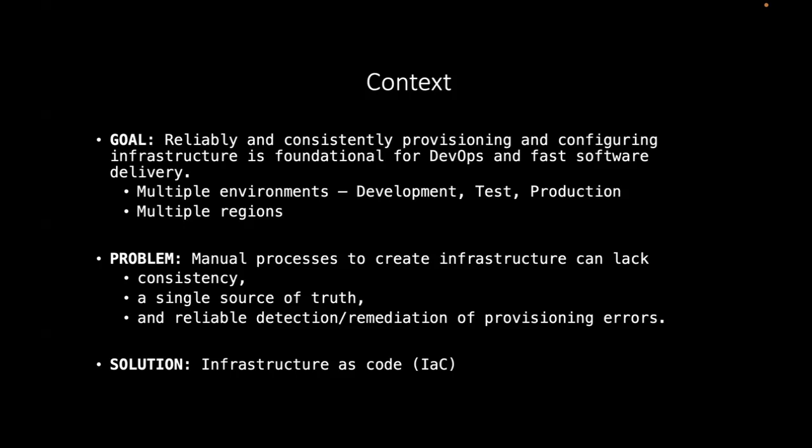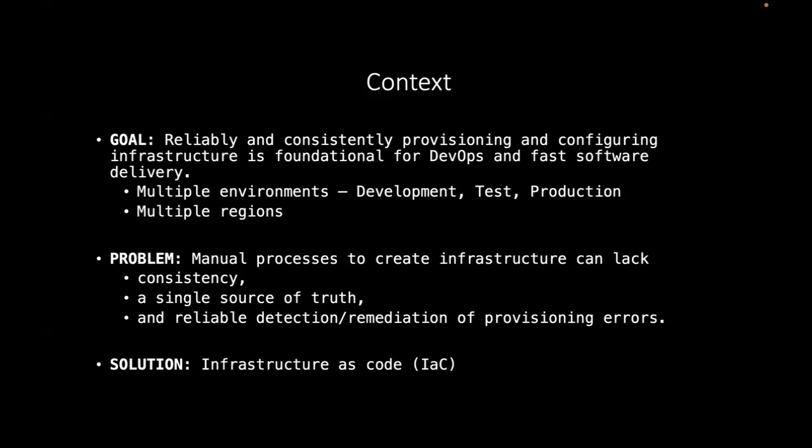The answer to that goal, though, certainly isn't to have some sort of manual provisioning process, because of all the problems with a manual approach. It's not consistent, because the person or persons doing it may have slightly different ways of doing it. They may end up with the same result, but they may not.